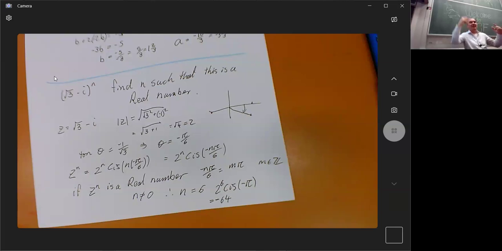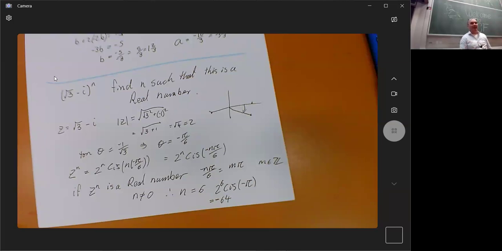So 0 plus 2 pi is going to give me 2 pi, 4 pi, 6 pi, whatever. If I'm over here at pi in the negative region, then it's going to be minus pi plus 2 pi, so pi, 3 pi, 5 pi, 7 pi.